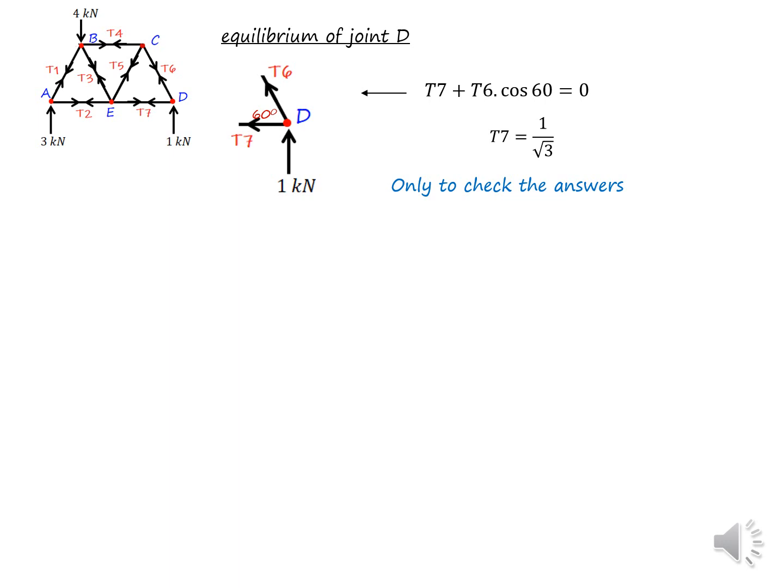We'll just do the horizontal equilibrium and see whether we get the same answer for T6. Now the T6 answer from this calculation is minus 2 divided by root 3, which is the same value that we got from the analysis of joint C, you can remember, right?